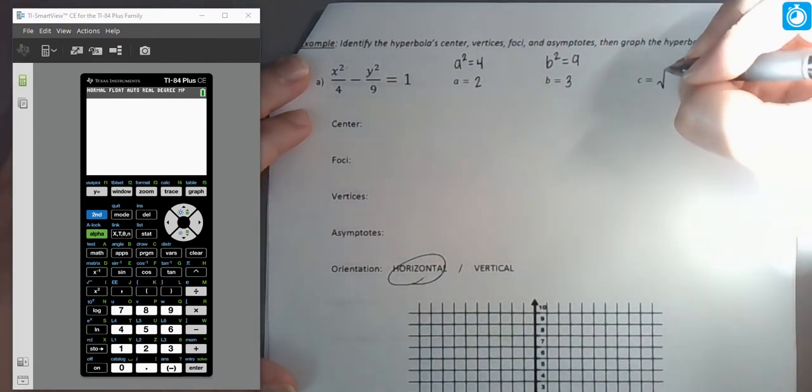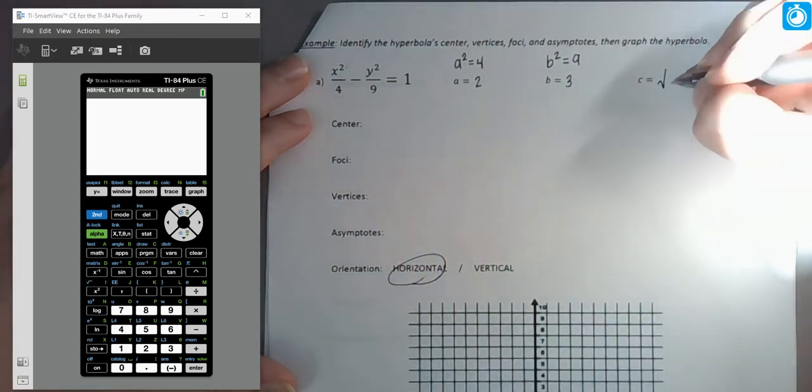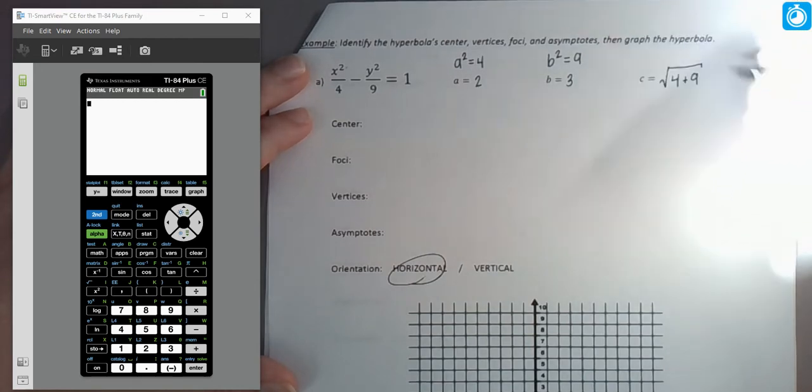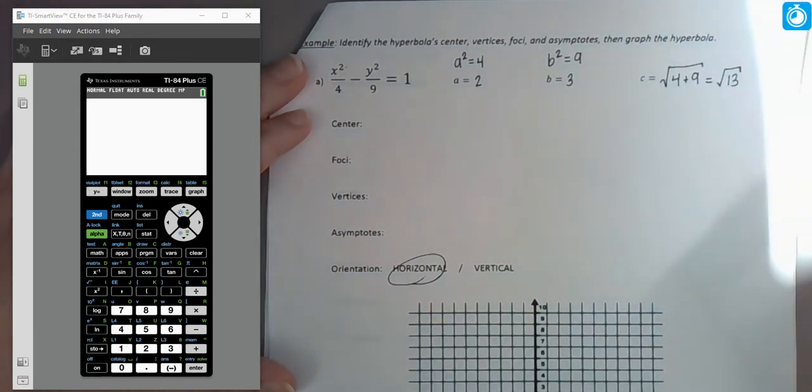So c is defined as the square root of a squared plus b squared in this case. So 4 plus 9, which is the square root of 13, so an irrational number. And we encountered this quite often with ellipses.